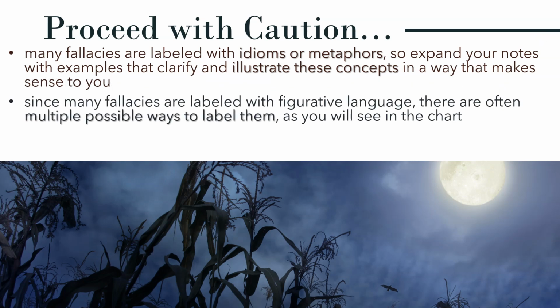In addition to that, another word of caution is that since we're using idioms and metaphors to label these types of fallacies, there are multiple possible ways that you can label each kind of fallacy. So in this lesson, we'll look at some common ways that we label, describe, and identify certain types of fallacies.